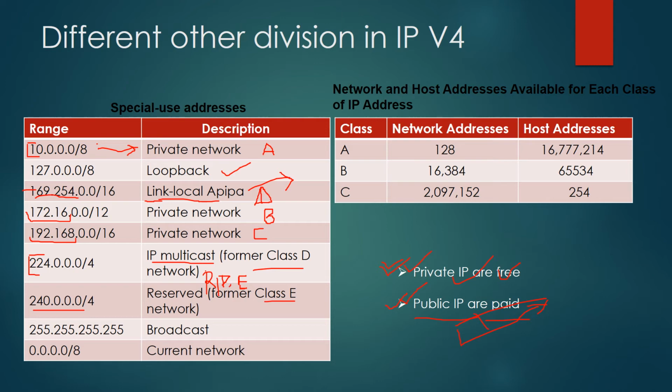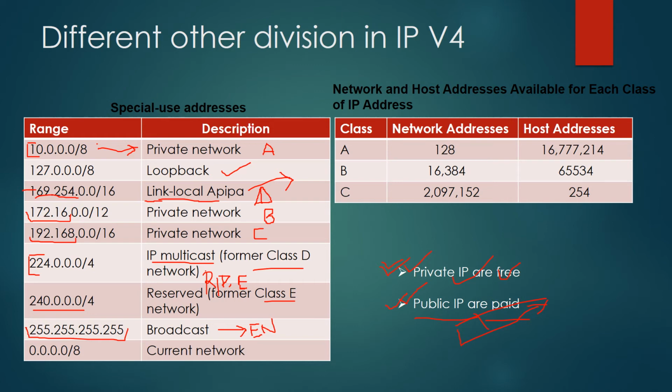So these are the multicast addresses, and as you can see, this is the largest IP address which we have in IPv4. Generally we refer to it as a broadcast address. So for any IP range, the end IP we will generally refer to as the broadcast IP.